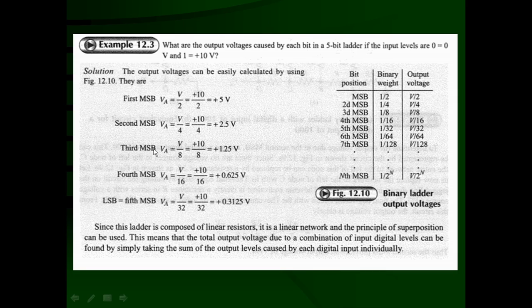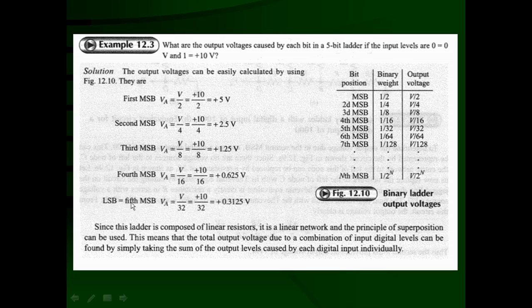The third MSB will contribute VA equal to V by 8, that is plus 10 upon 8, equal to plus 1.25 volt. The fourth MSB contributes V by 16, that is 10 upon 16, equal to plus 0.625 volt.